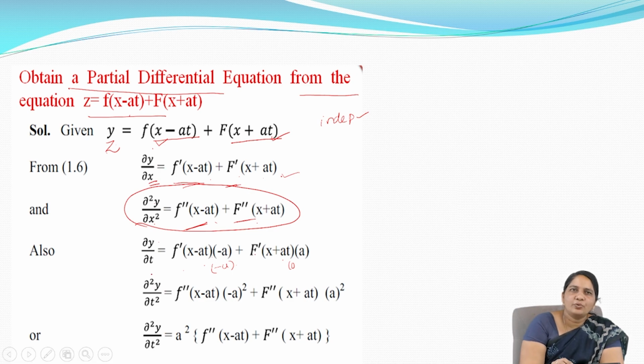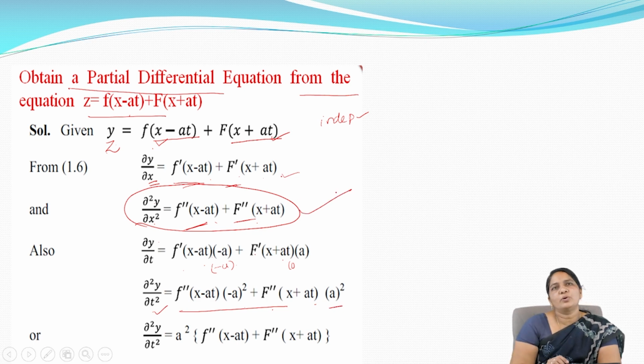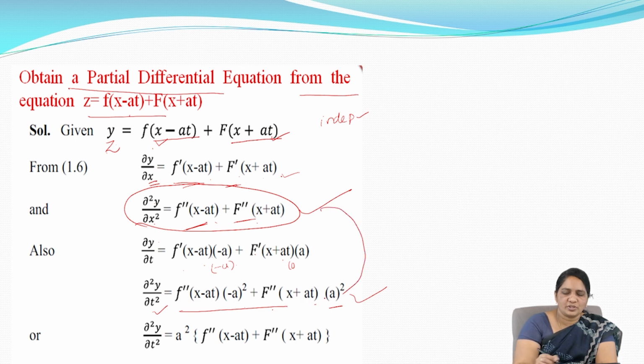Finally I am again doing partial differentiation with respect to t. I got f double dash of (x minus at) into (minus a) whole square plus f double dash of (x plus at) into a square. So I got the dou square y by dou x square value and the dou square y by dou t square value. Now based on this I am going to simplify these two equations.